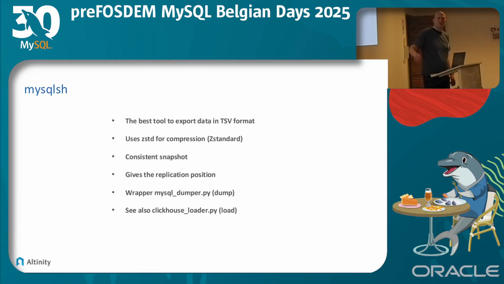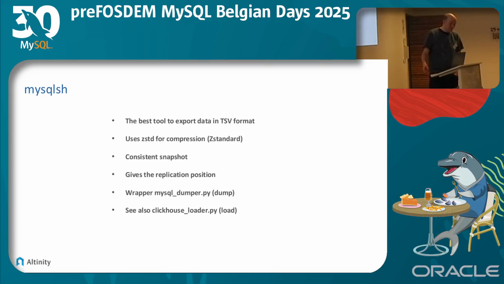Yeah, it works with GTID, because the position can be specified in GTID, so the client will understand where you want. MySQL Shell is very good. It exports in TSV format with Zstandard compression.